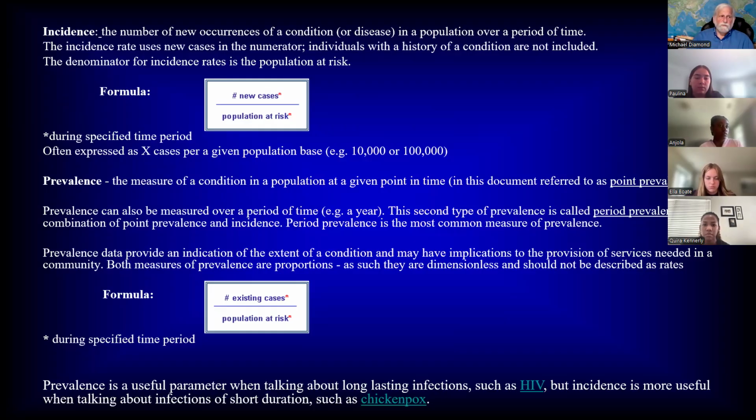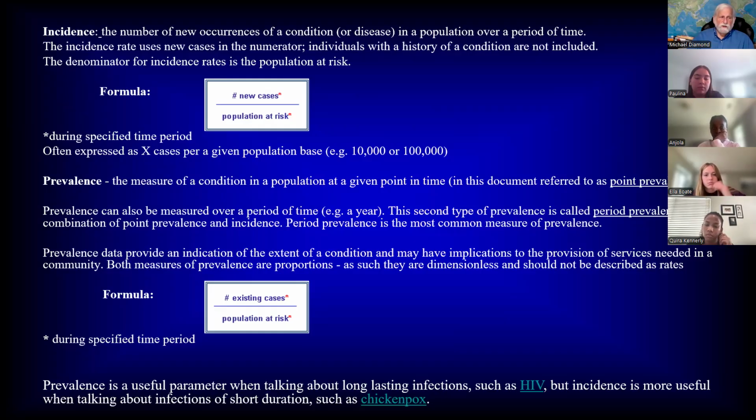So prevalence data provides an indication of the extent of a condition and may have implications to the provision of services needed in a community. Both measures of prevalence are proportions, and as such, they are dimensionless and should not be described as rates. So the formula is the number of existing cases over the population at risk during a specified time period.